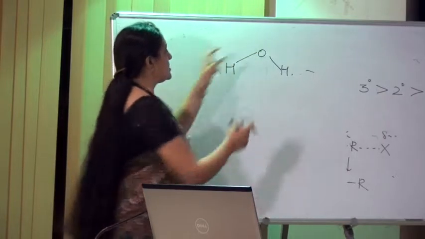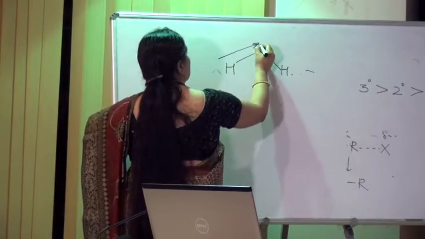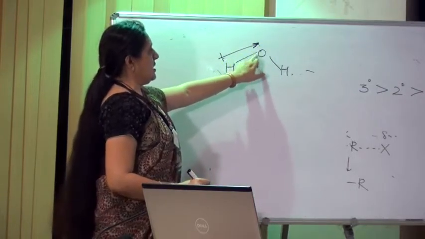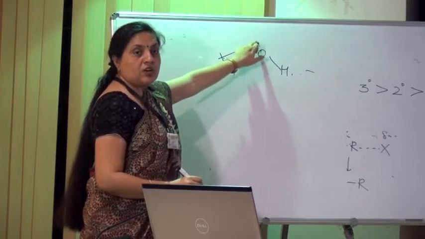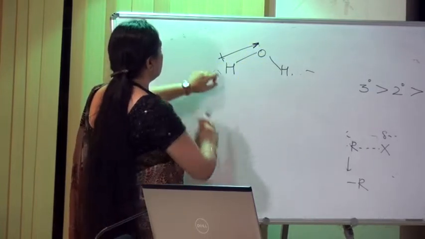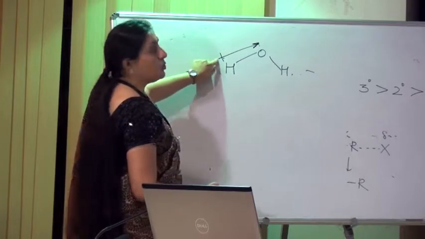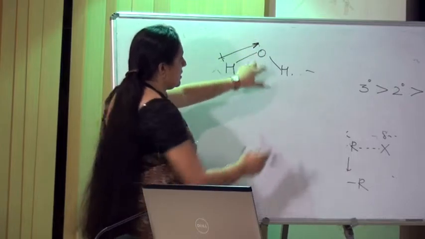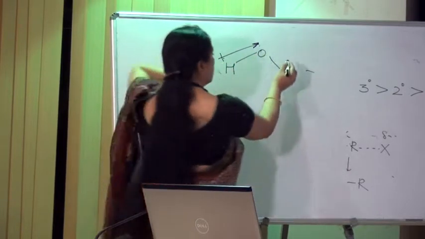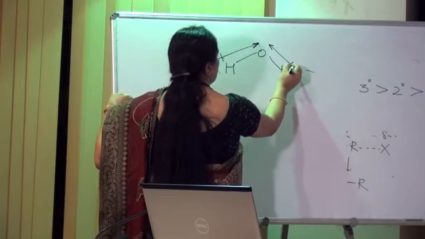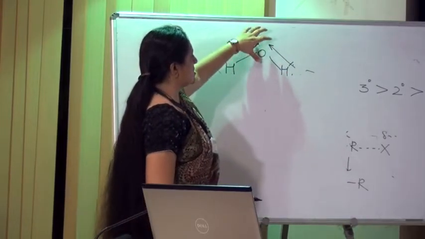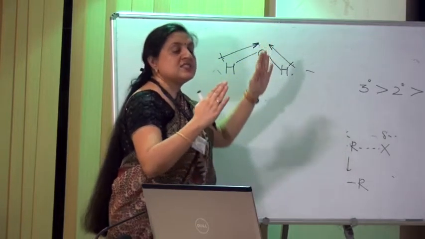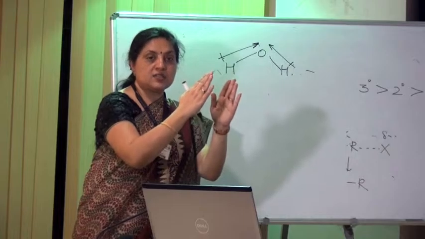So the dipole which you are representing like this, at the more electronegative element you have the arrowhead, and at the less electronegative element you have the tail end. Same here also. So in the net dipole moment, the more electron density is in this region. So it has a synergistic effect in this case.